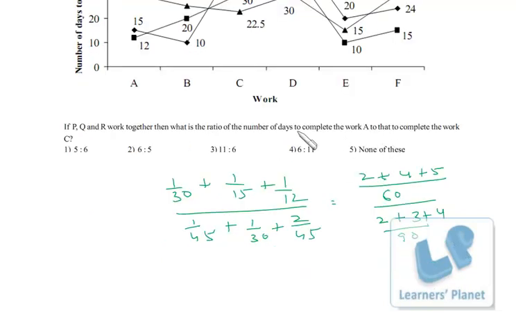Now we have to find out a ratio of number of days that will be reversed, right? So here we just see 5 and 4, 9 and 2, 11 by 60, and here it is 4 and 3, 7 and 2, 9 by 90. So it's 11 by 60 into 90 by 9.